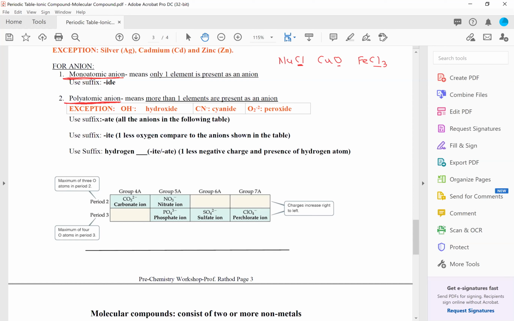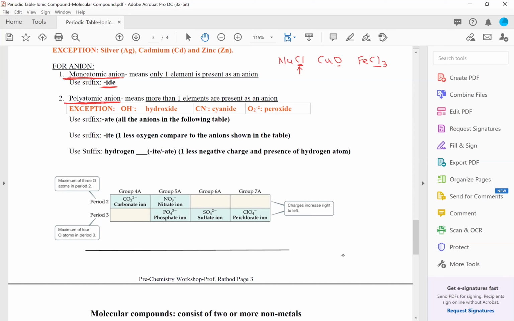So if you have something like this, you are going to name it with the suffix IDE. If I'm going to ask you, what is the name of Cl as an element? How do you name it? As an element, it is chlorine.